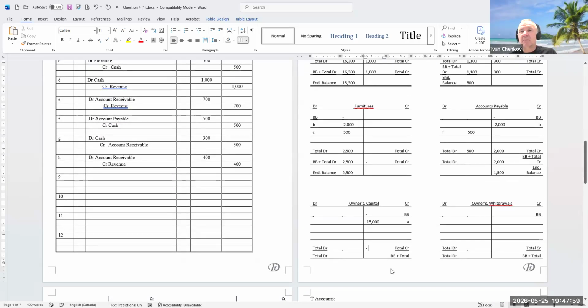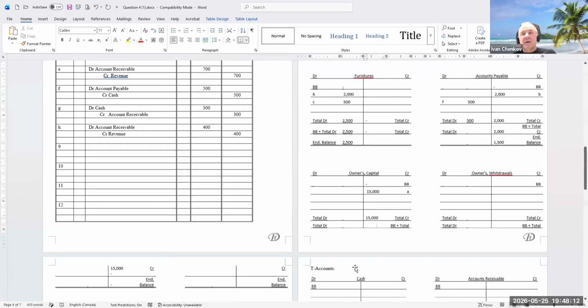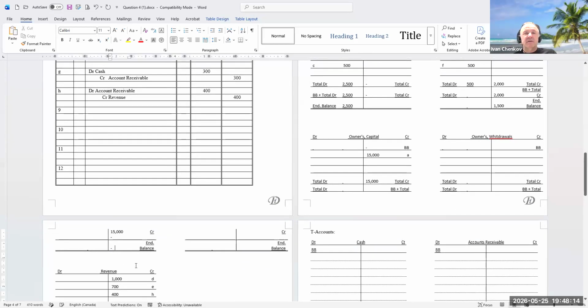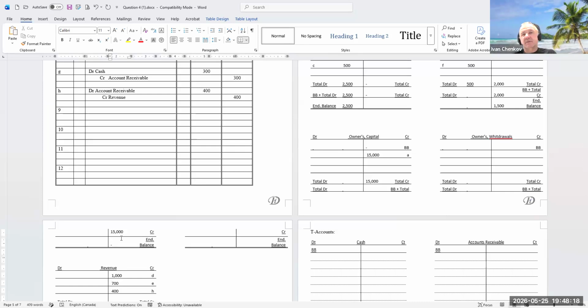On the capital, the owners invested 15,000. There's no beginning balance, so that will still be 15,000. And the final balance for the owner's equity is $15,000.